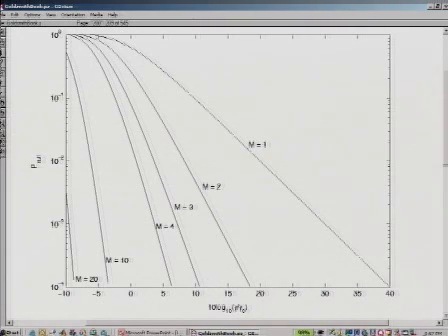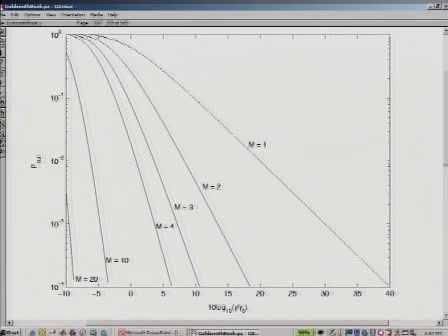And the way to read this is if you pick an outage level, for example, pick 1%, you're on the 1% line. Imagine a horizontal line here. Without diversity, if you read out about 18, that means that your average SNR has to be 18 dB higher than whatever minimum gamma 0 you have, even by your modulation.